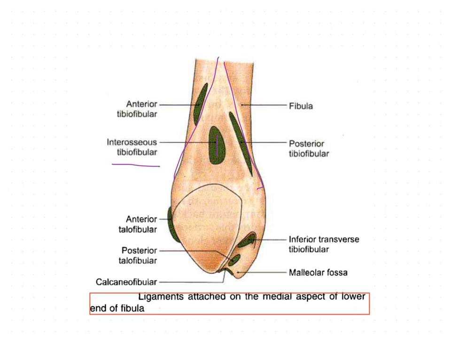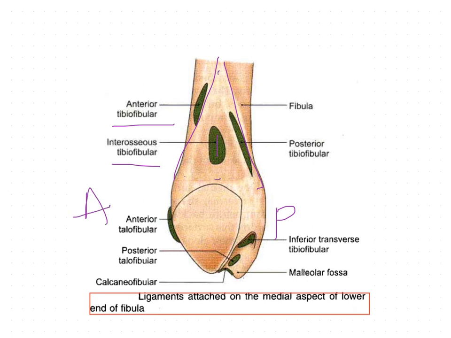Next is the anterior tibiofibular ligament anteriorly. Here we are seeing this malleolar fossa. This side is posterior, this one is anterior, and this is the medial surface.